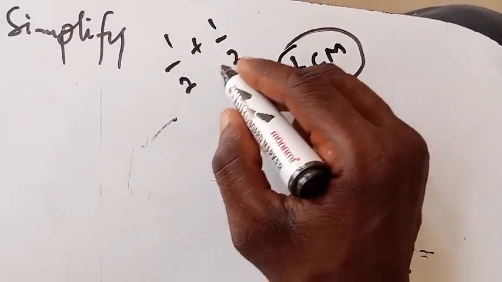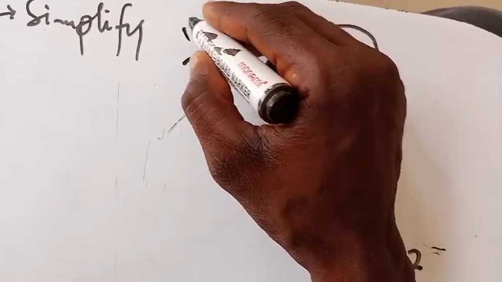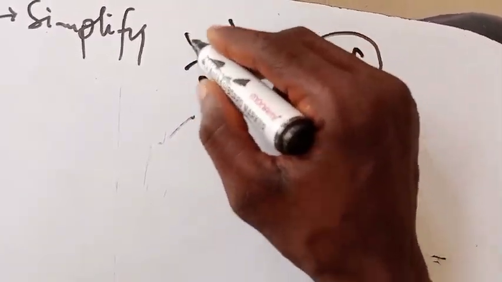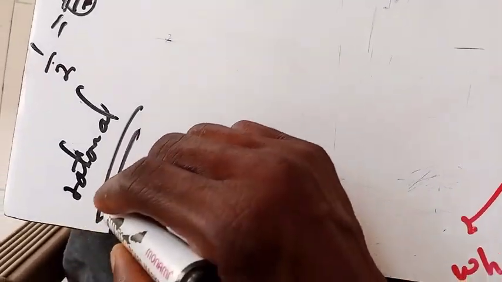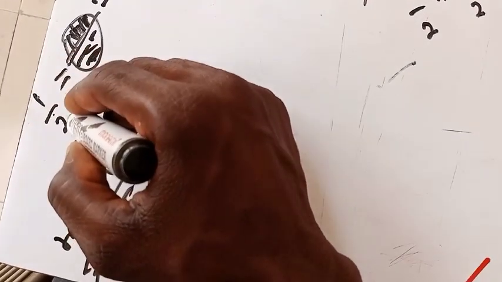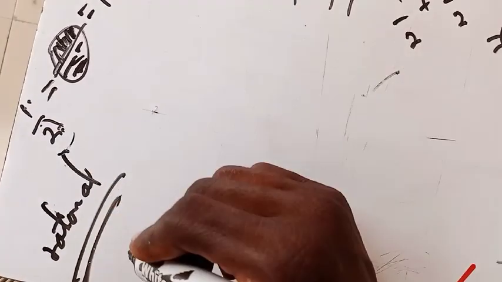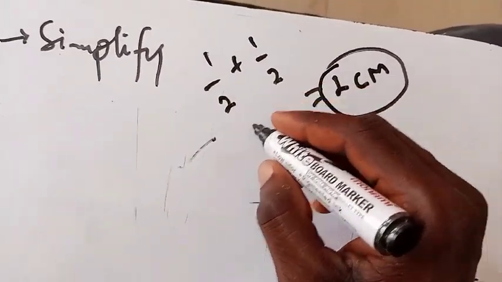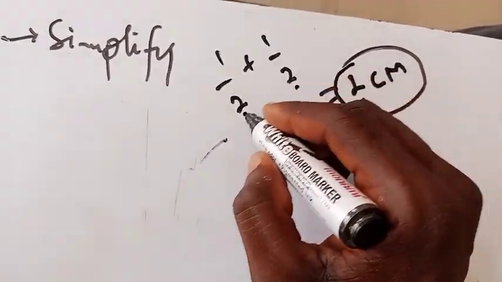It means we are going to find the least common multiple of these two denominators. You are adding two fractions together. For sure, this is what we call a rational fraction, meaning something on something, being shared among two people. So finding the LCM means you find the least common multiple of these two numbers down here.